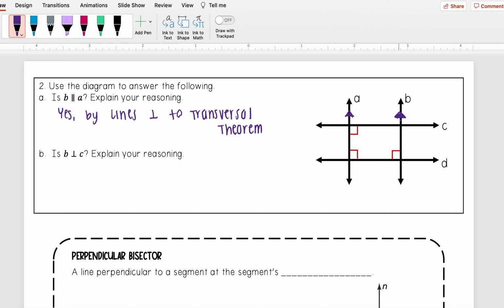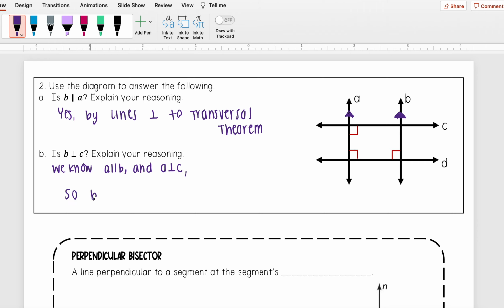I don't know if B is perpendicular to C at the moment because I don't have any markings for it. However, I do know that A is parallel to B, and I know that A is perpendicular to C.